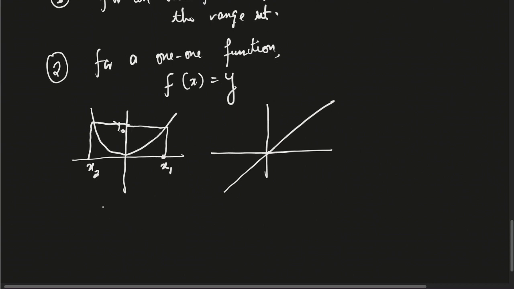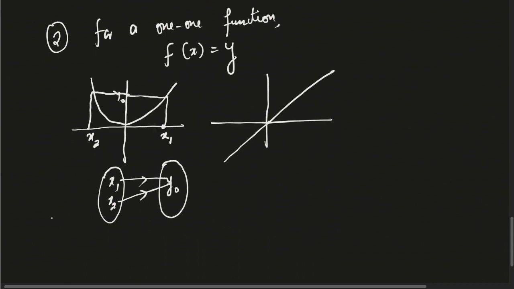So x1 and x2 are elements of the domain and y naught is an element in the range. x1 has been mapped with y naught and x2 has also been mapped with y naught. So two elements in the domain have the same image in the codomain. So this is not a 1-1 function.